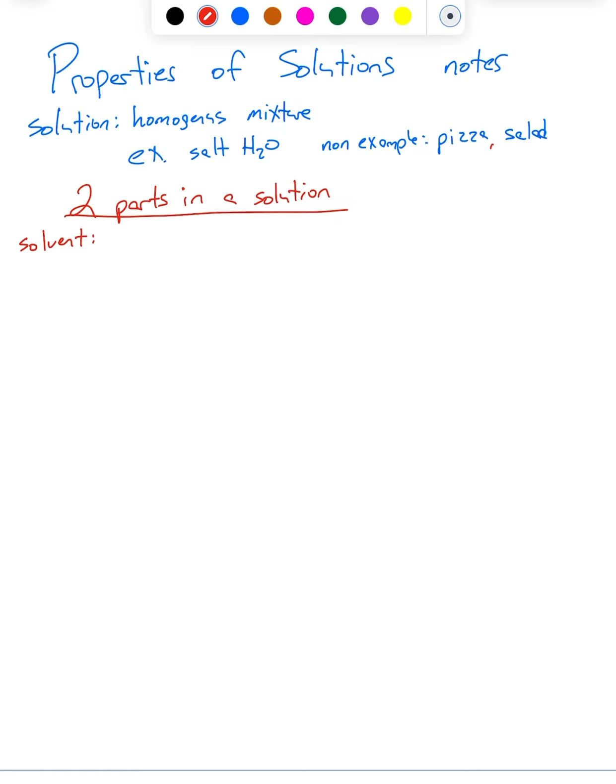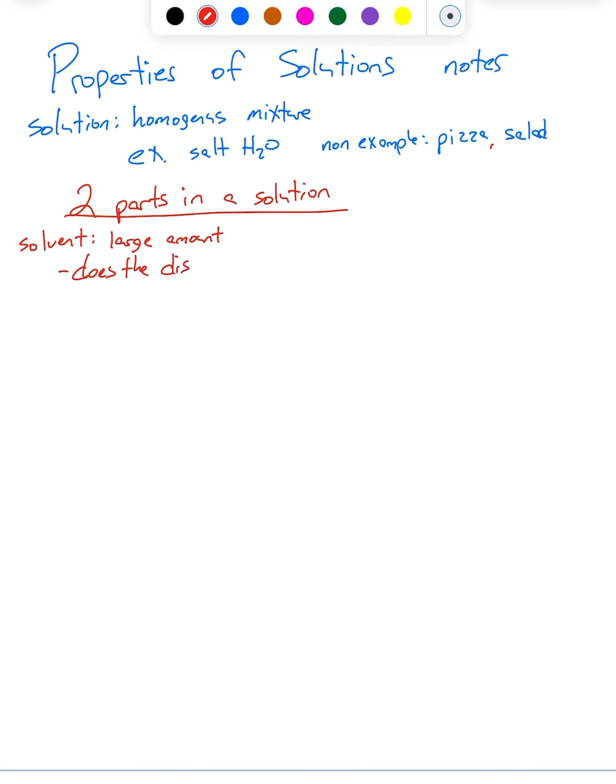The solvent is typically the large amount, and most of what we're talking about is going to be liquid, although it doesn't have to be. You've got different things that could be in gaseous or solid form. But in most of the examples we're going to use in class, it's going to be a liquid.